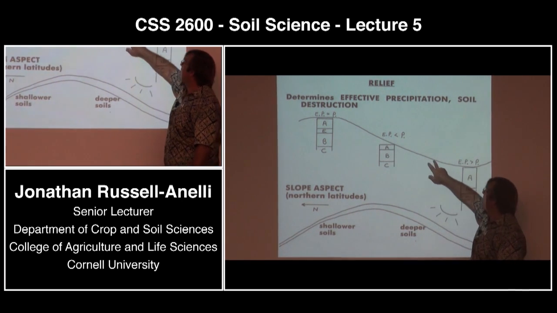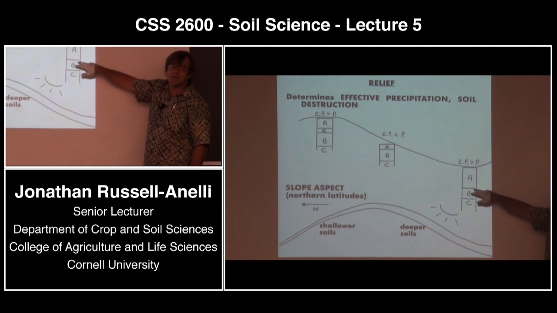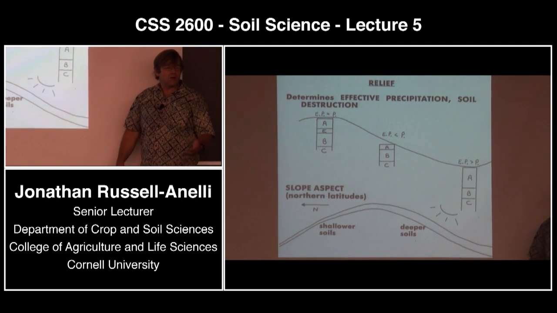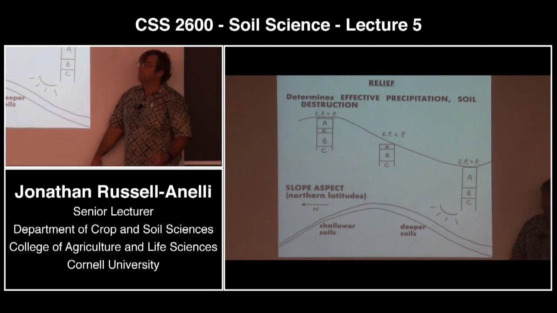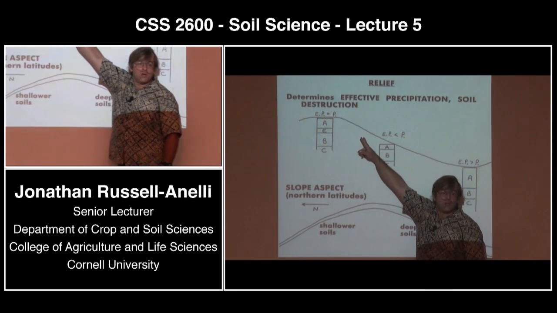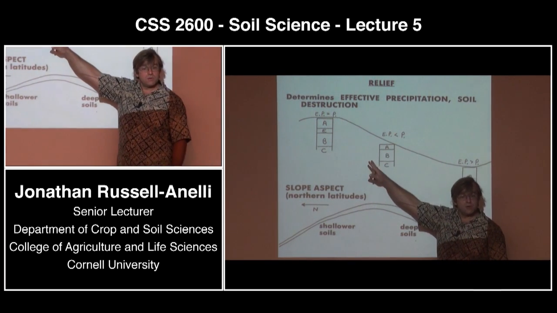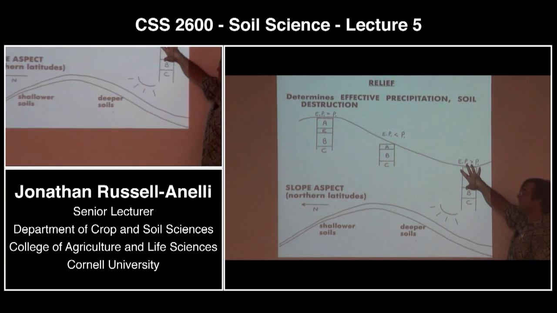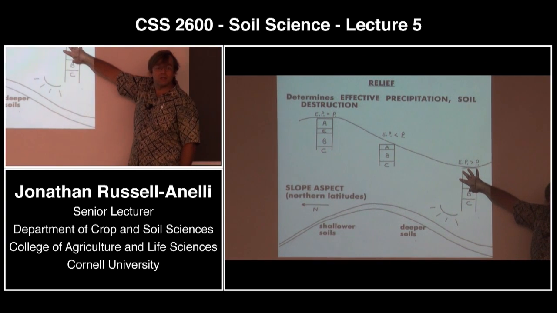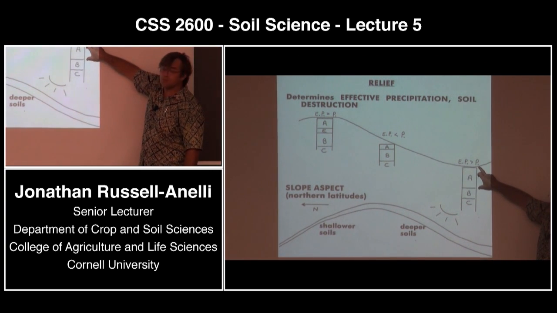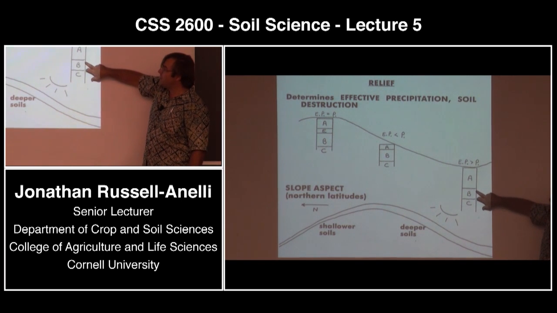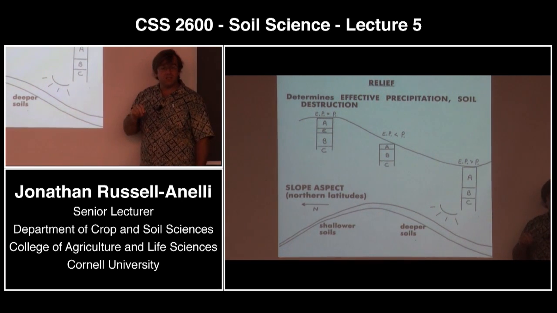This stuff comes down, nice thick A horizon. Well, why? I'm getting overland flow here, which means I'm getting a lot of erosion. I'm also seeing a lot of accumulation here. Where is it going? Those A's are getting really thick. Still have my B horizon, but I don't have an E. Thoughts as to why?